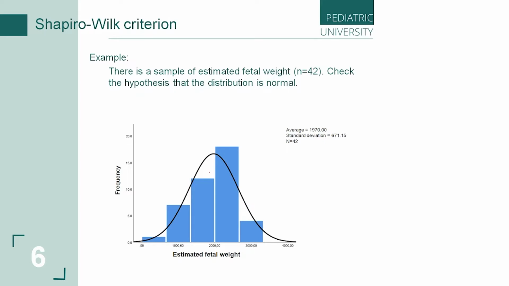But how can we prove it? We must use the criterion to calculate and prove it. Only calculation, only a special criterion can answer the question of whether the normal distribution law can be or cannot be in our sample, as you can see in this example about estimated fetal weight.